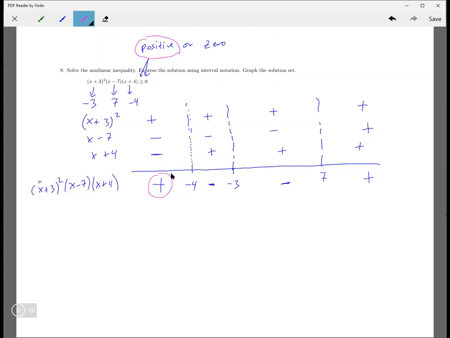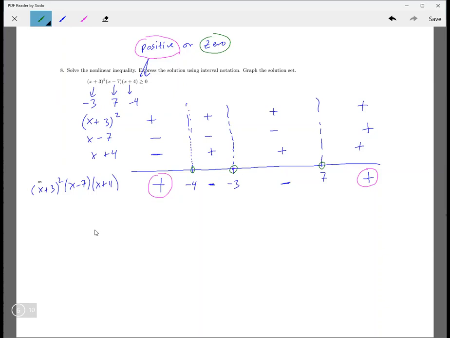So there's positive and there's positive, and 0 is here, here, and here. Because it's greater than or equal to 0, positive is in those two intervals, and it's 0 here, here, and here.